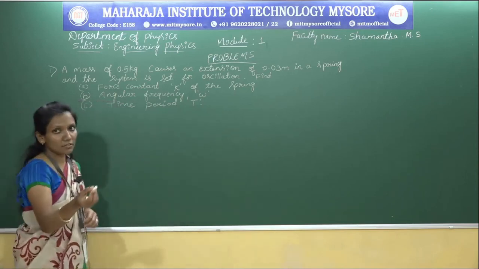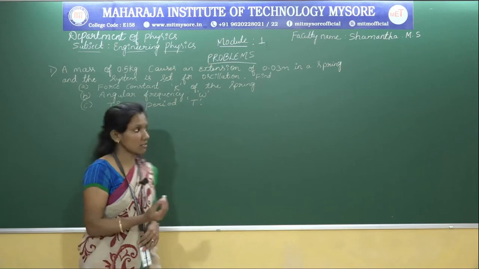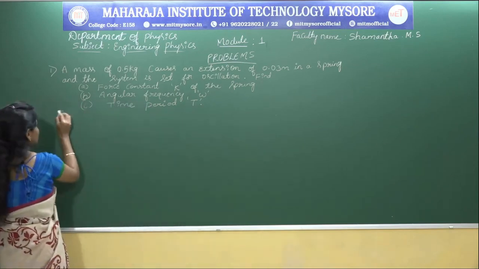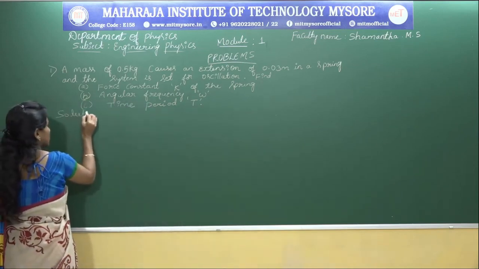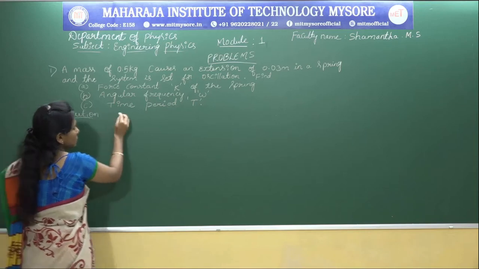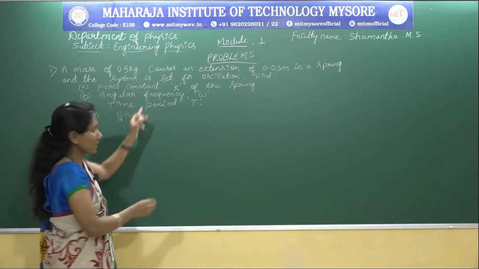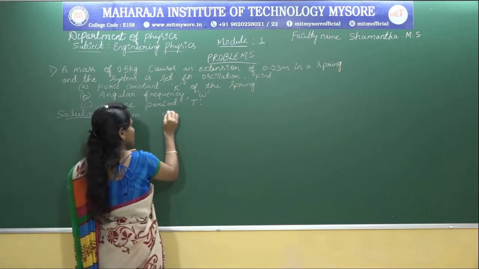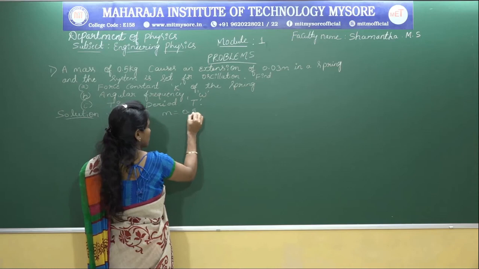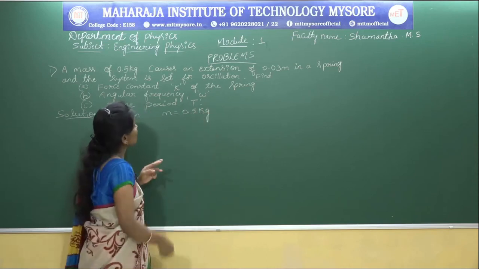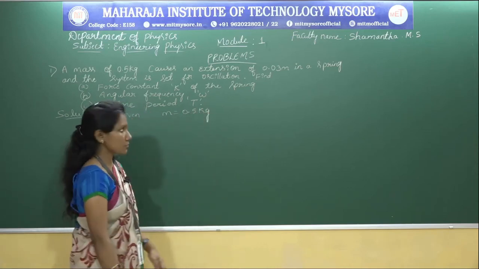So first write what is given. Now we have to find the solution. A mass of 0.5 kg causes an extension of 0.03 meter.